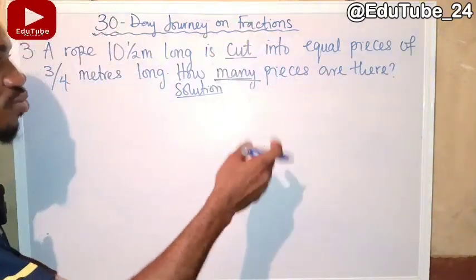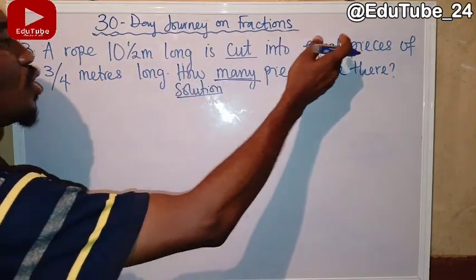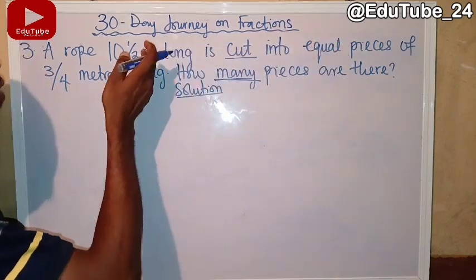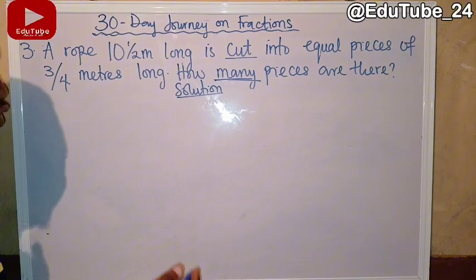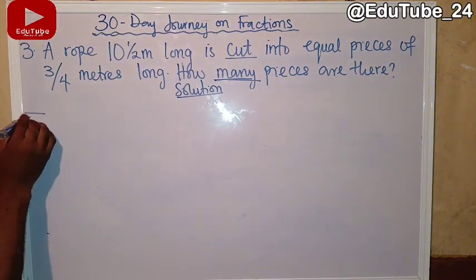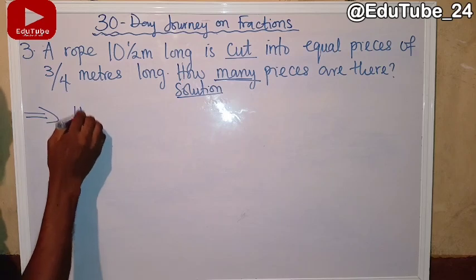That means after breaking down this 10 meters long rope, how many pieces can we get when we break it into equal pieces of this? So we give that a judgment of division, that is how many.